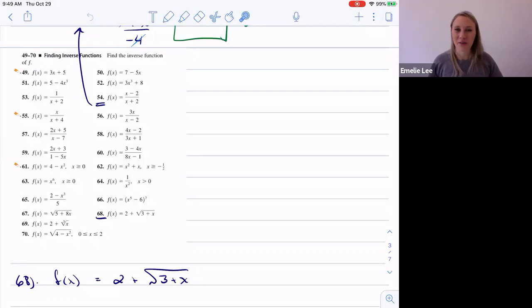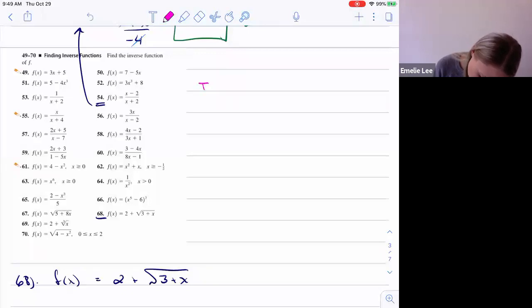The least amount of work to prepare would be doing all of 54 to 60: showing it's one-to-one, find the inverse, and show that you have indeed found the inverse using the cancellation properties with the function composition.